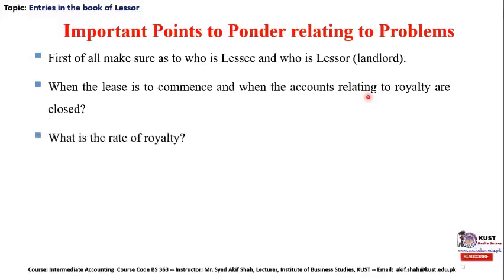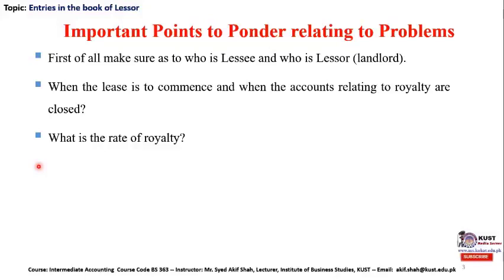Third, what is the rate of royalty? In a couple of previous lectures, we have also discussed a royalty in a mine agreement or a lease of a mine where the lessee is going to extract certain minerals on the basis of tons of coal, then the rate of royalty decided between the lessor and lessee was ₹2 per tonnage.